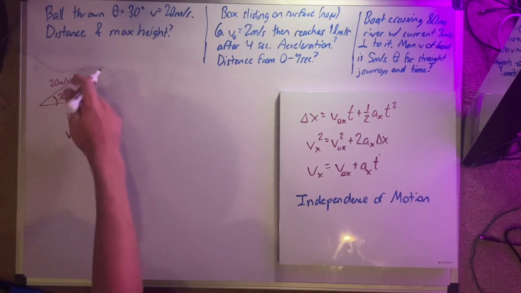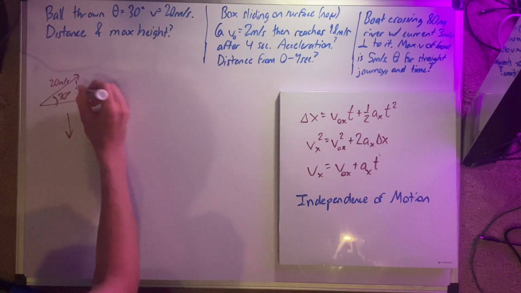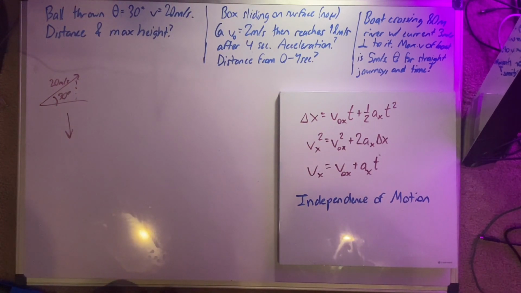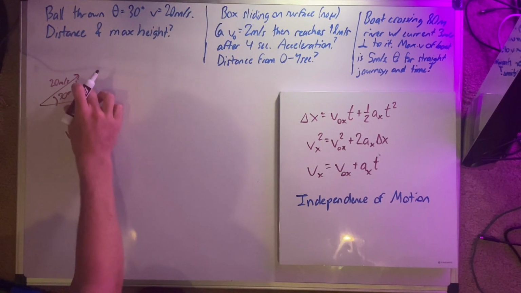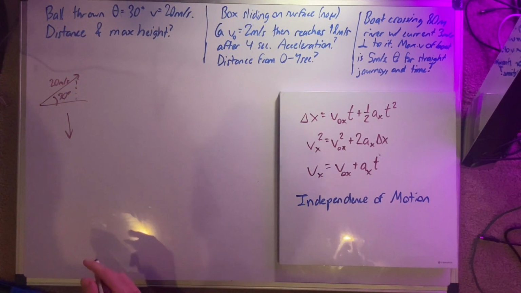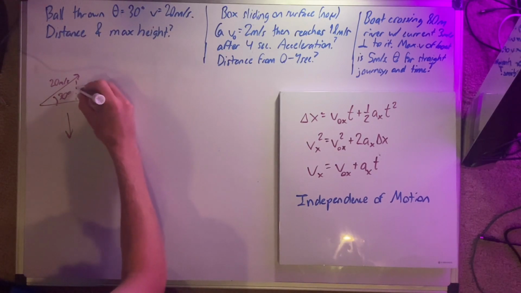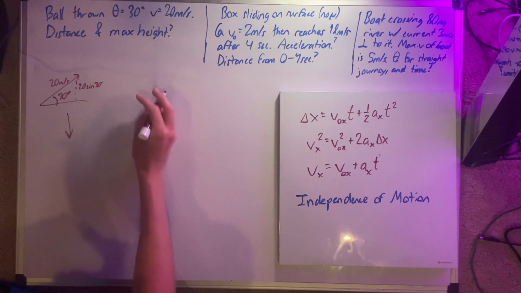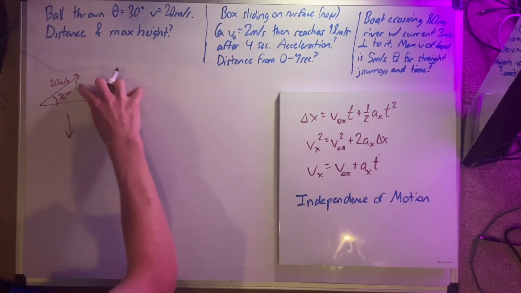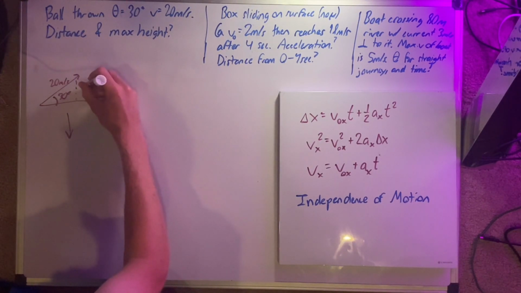So let's just convert all of this into x and y forms, so that way we can better do these problems. So we have 20 meters per second, and we know that if we wanted to solve for any angle of a triangle, we can use sine and cosine. So that means that this side here would be 20 sine 30 degrees. Sine of 30 degrees is 1/2, which means that this height here would be 10.